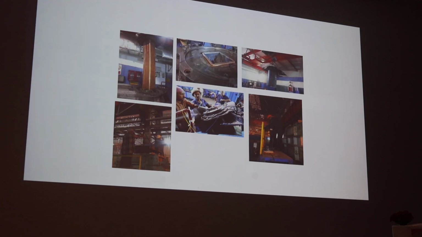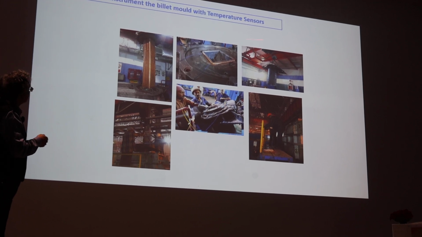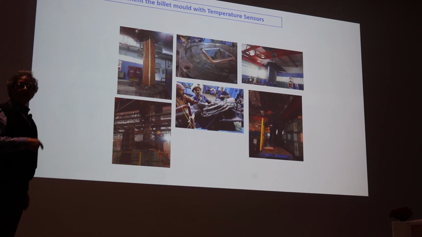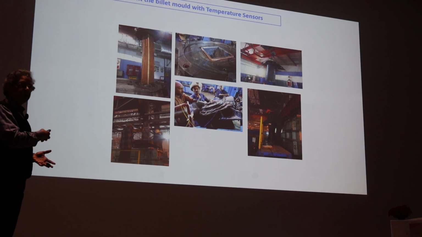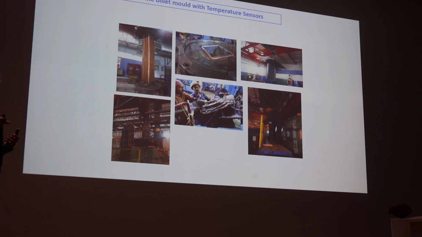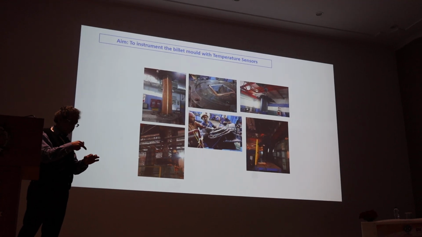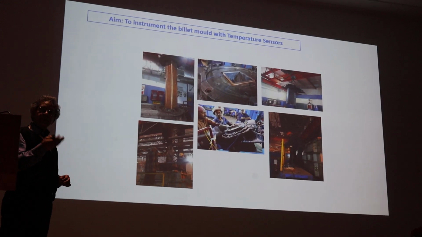So our target is to instrument the billet mold with temperature sensors. They started to put in thermocouples, but that is not allowed, because it is such a hostile environment. We have seen that the signals from the thermocouples are not coming, and each thermocouple needs 2 watts, and for the bridge there is more.